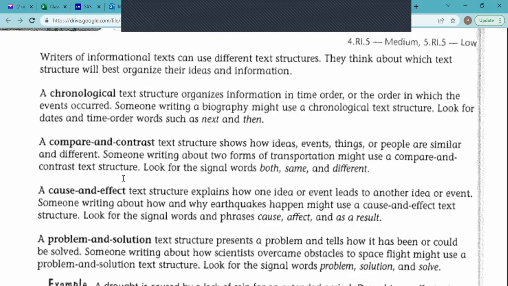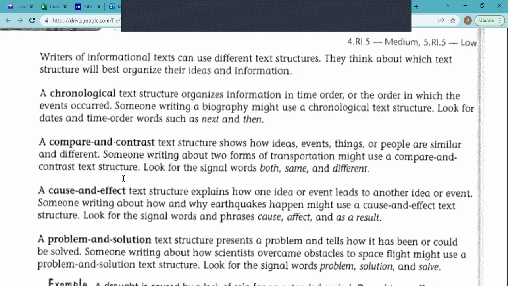So just like I've said before, if I compare Chris and I, I could say both Chris and I are women. Okay. And I can say Chris loves pizza. However, Paula does not like pizza. Okay. Which that's not true. Okay.